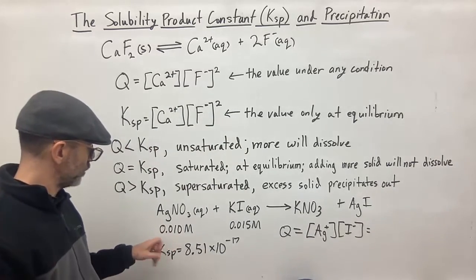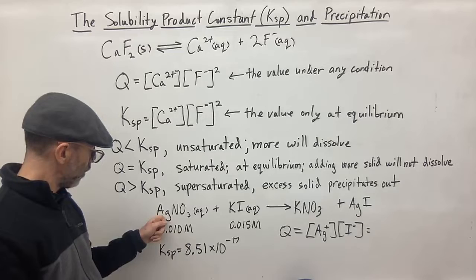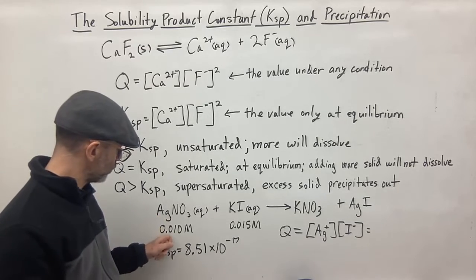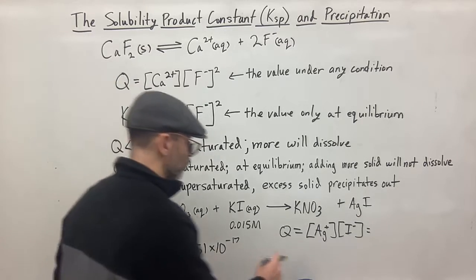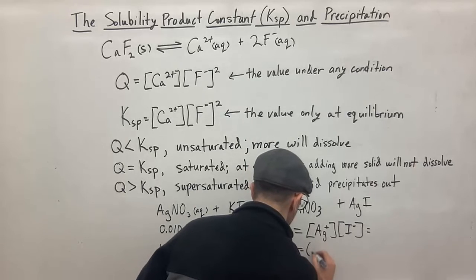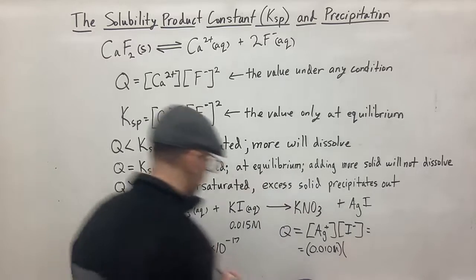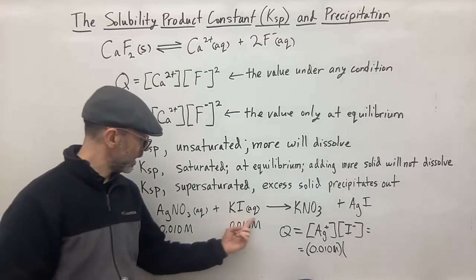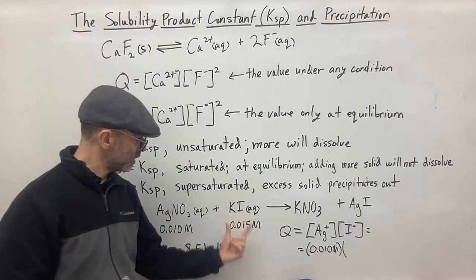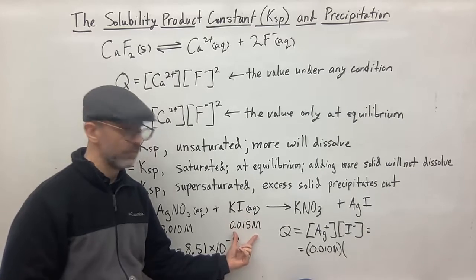So my silver concentration from my silver nitrate is 0.010 molar, and my iodide concentration comes from my potassium iodide, so that's 0.015 molar.